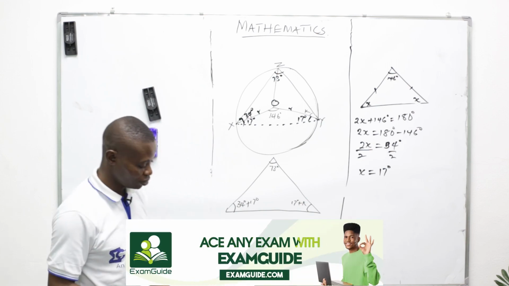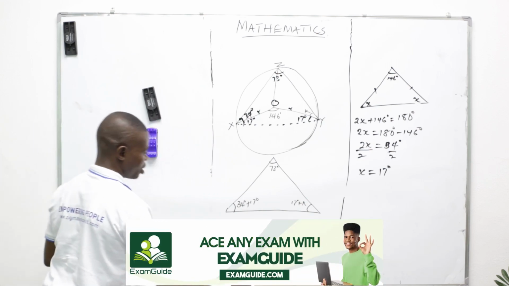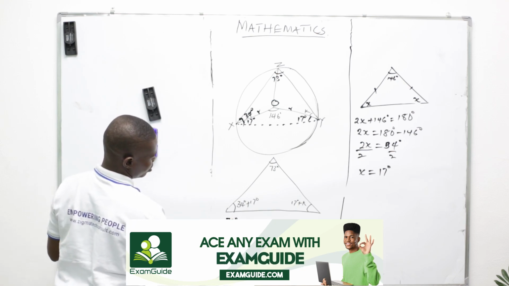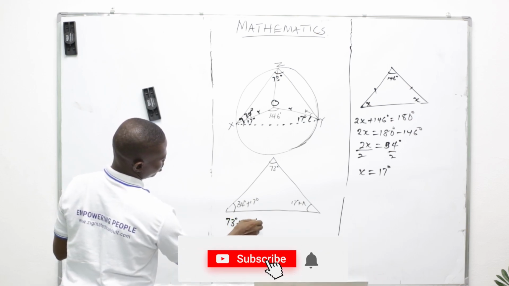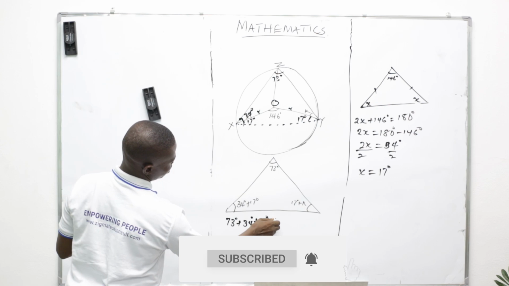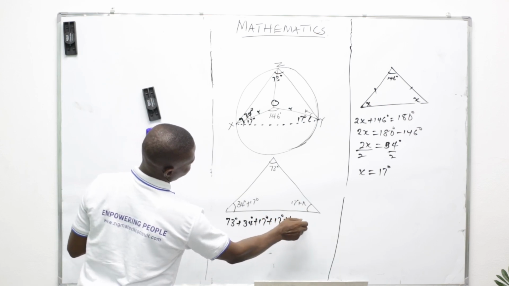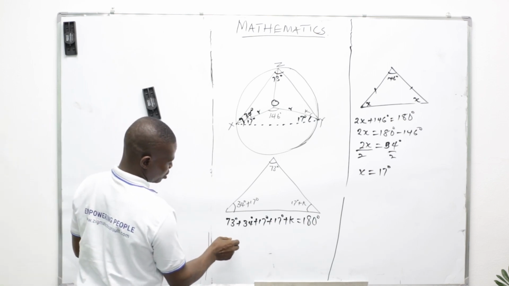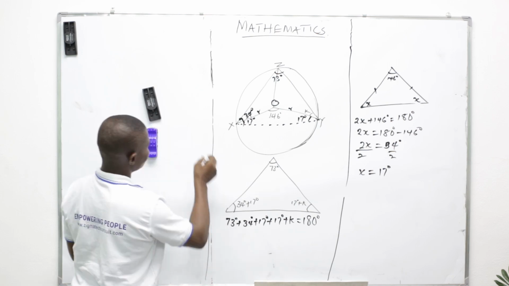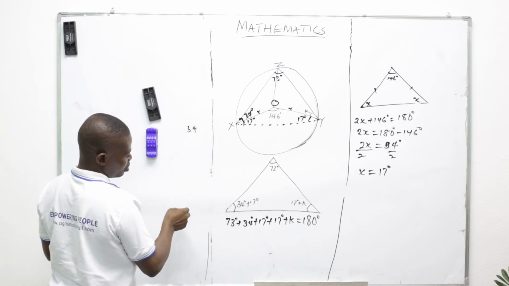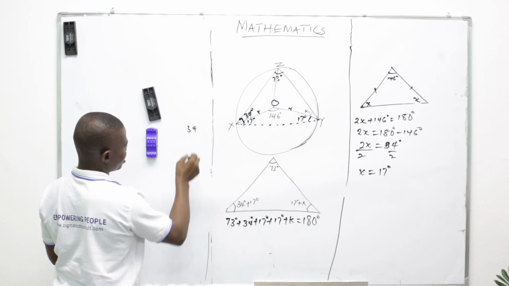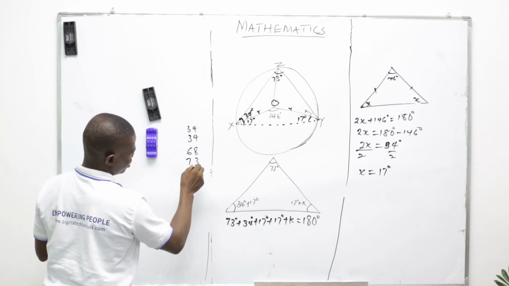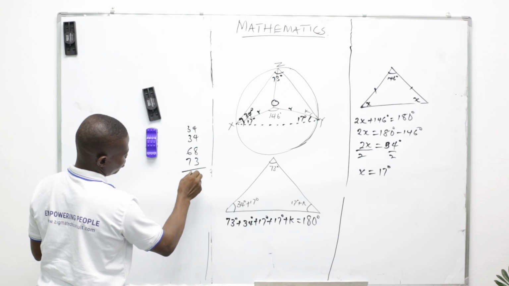So, to get the final answer, we now say 73 degrees plus 34 plus 17 degrees plus 17 degrees plus K equals 180 degrees, angles in a triangle. Once again, 17 and 17 is 34, then 34 and 34 is 68, plus 73 gives 141 degrees.